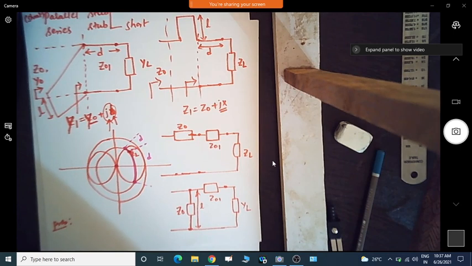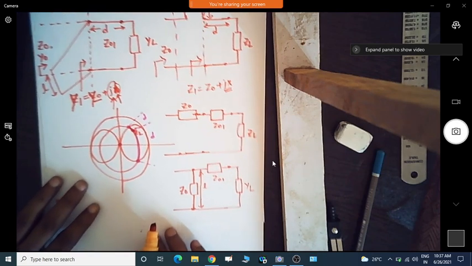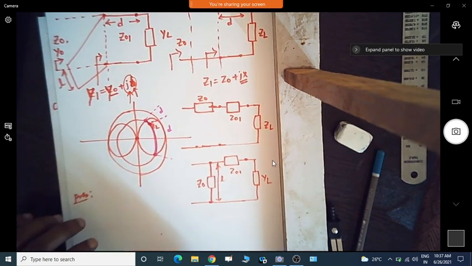Similarly, in strip line technology or microstrip technology, they will use the short stub, because if you use an open stub in microstrip technology, it will radiate at the ends. That is the problem we will face. That's why we will use the short stub, and in waveguide technology we will use the open stub.